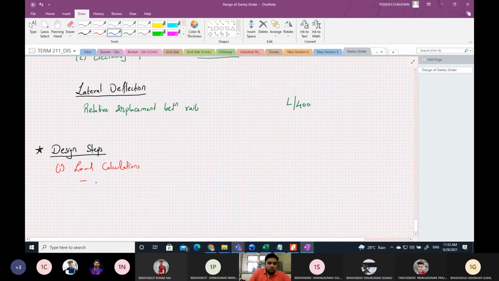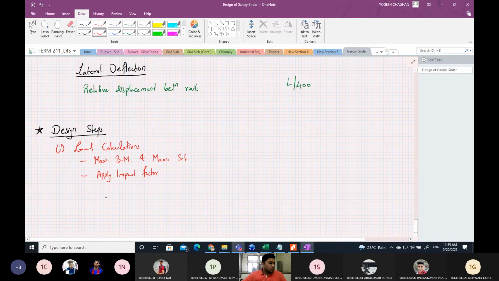So in this step, we find the maximum shear force and maximum bending moment. Then we apply the impact factor, or the allowance for impact.